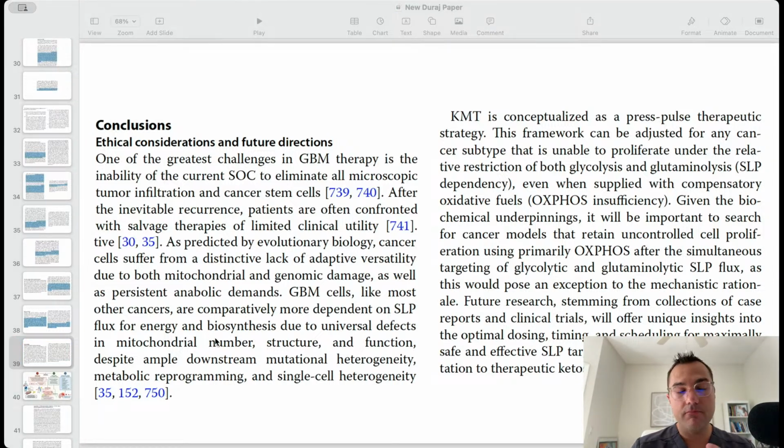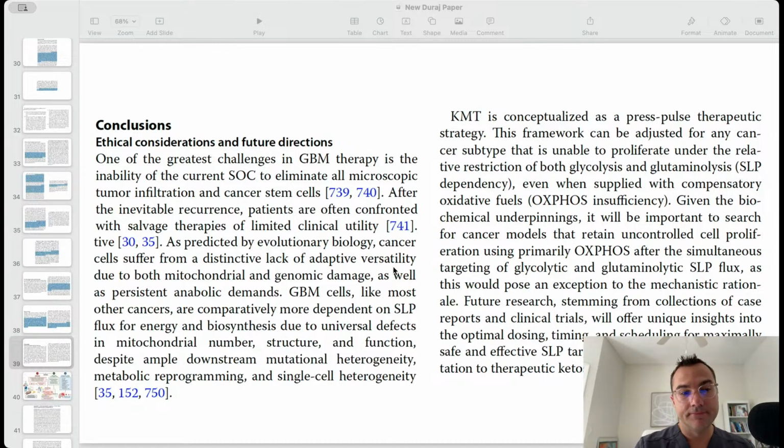And if they can find a cancer subtype that doesn't rely on glucose and glutamine and is using OXPHOS, with intact functional mitochondria making energy through OXPHOS, then that would be an exception to this mechanistic rationale. It probably is not going to have as much of an effect on you than it would if it was one of these cancers. But they're saying that they have not found that model yet.